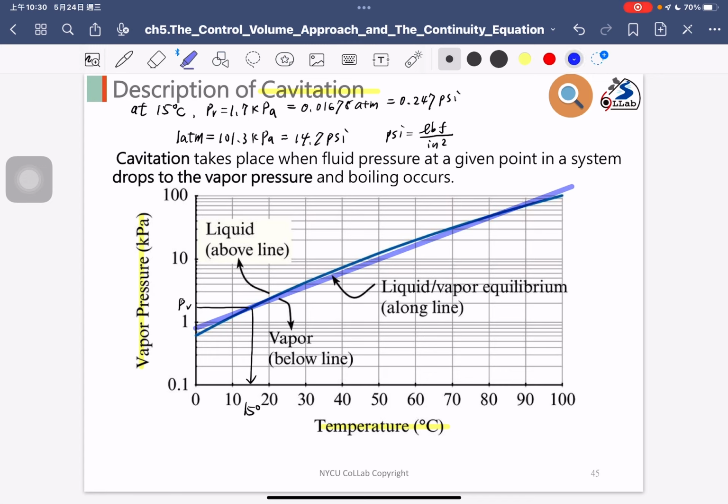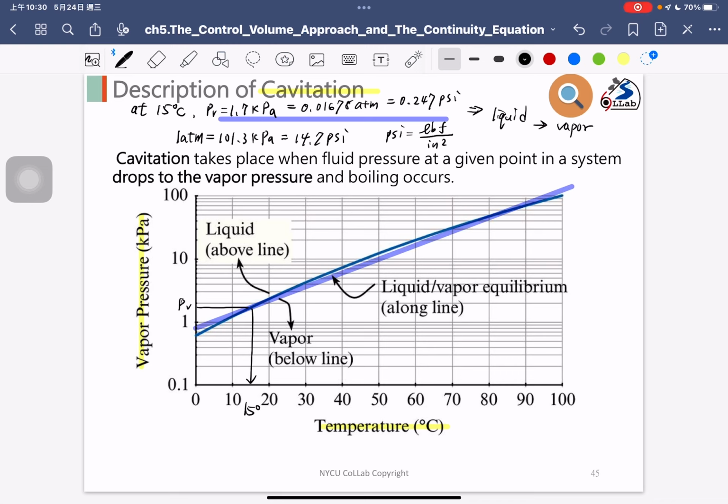So this is a very important number. If your environment pressure is lower than the vapor pressure here, then you will see the liquid will change phase into vapor gas.